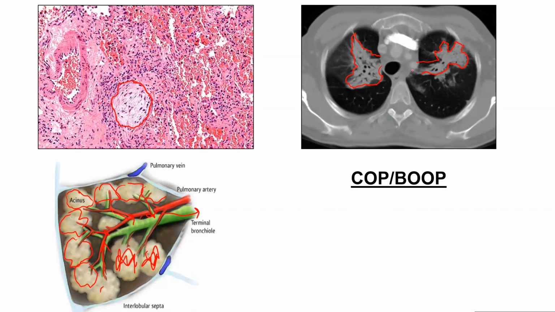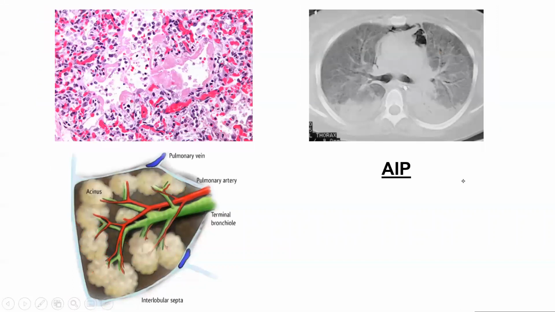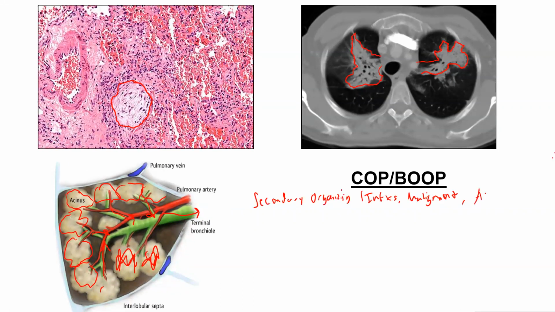So you have to rule out secondary organizing pneumonia, and this can be anything infectious, malignant, or autoimmune. And then if you rule that out, you can say, okay, this isn't secondary organizing, it's COP.